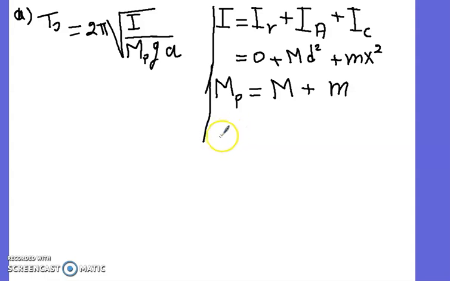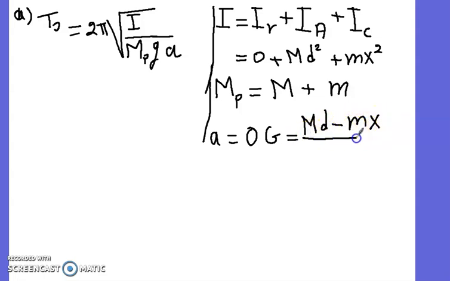Now we are left with a, which represents the position of G relative to delta, which is: we have the mass m at point A, distance d, minus m x, because this is m1 x1 for example, plus m2 x2, over the total mass of the pendulum, which is m plus m. Why is there a minus here?